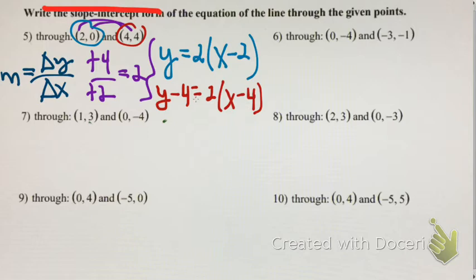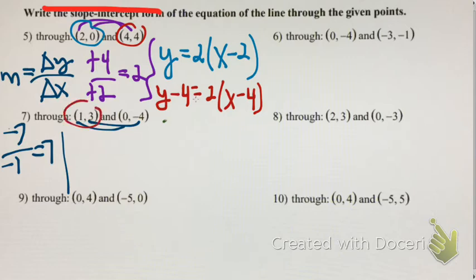All right, let's try that again with another problem. We need to get slope first. So right here, change in y from 3 to negative 4. That drops by 7. And then from 1 to 0, that drops by 1. So our slope is actually 7 on this. And then we can write our equation 2 different ways.